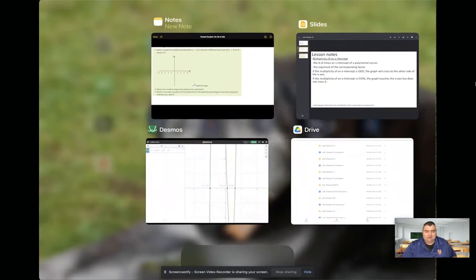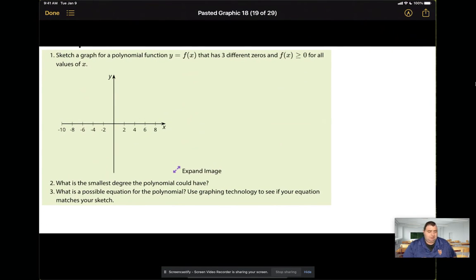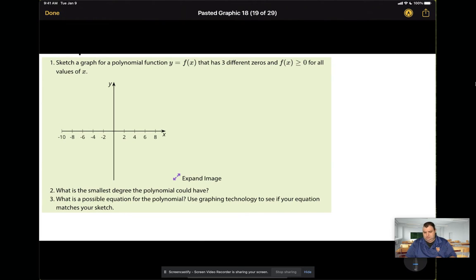So with that in mind, let's look at the examples for this lesson. Number one, sketch a graph for a polynomial function y equals f of x that has three different zeros and f of x is greater than or equal to 0 for all values of x.